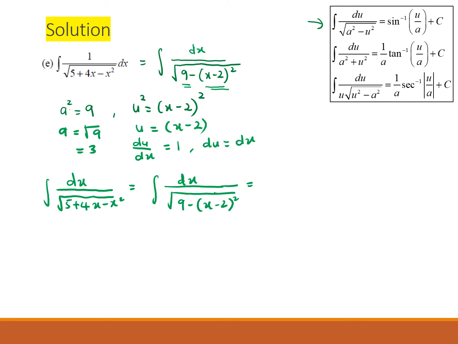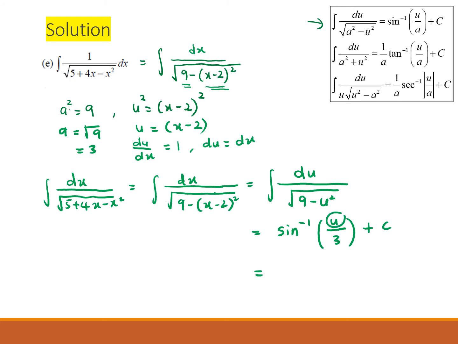So we have this in terms of du over square root of 9 minus u squared, where this will be equal to the arcsine of u over a, where a is equal to 3, plus c.